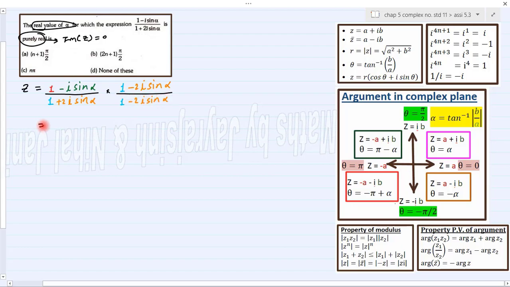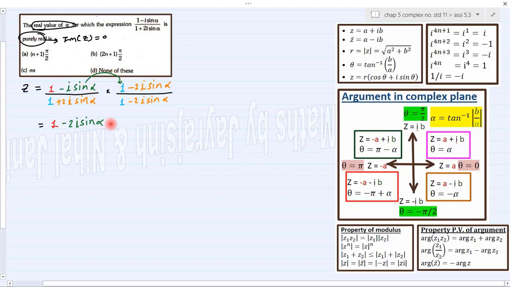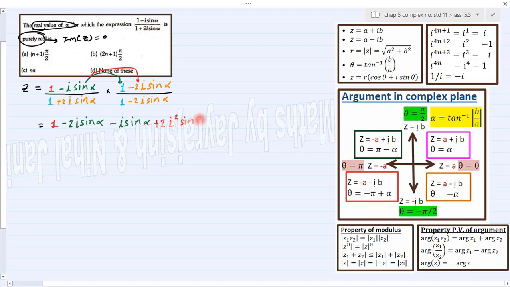So let's simplify. This 1 multiplied with 1 will give us 1, and 1 into -2i sin alpha will be -2i sin alpha. Then -i sin alpha into 1 will give us -i sin alpha, and -i sin alpha and -2i sin alpha will give us 2i squared sin squared alpha.